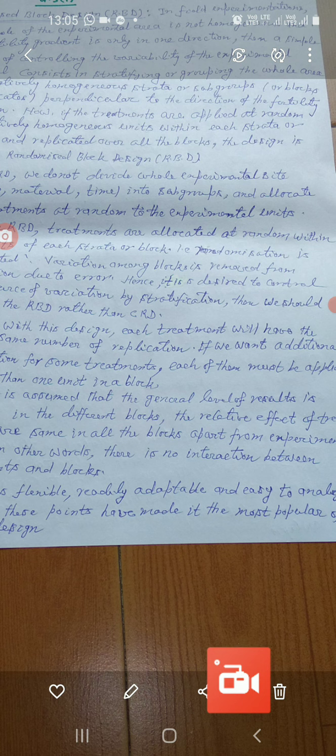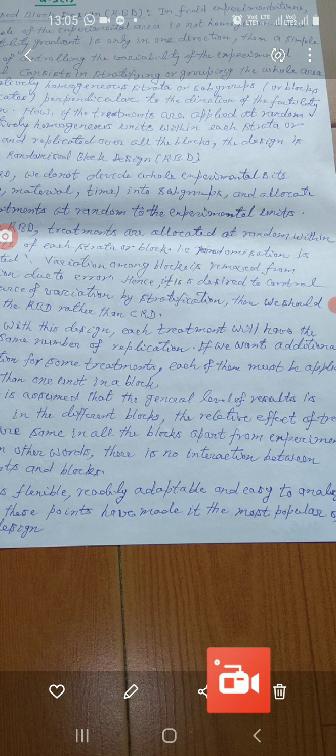But in RBD, treatments are allocated at random within the units of each strata or block. It means randomization is restricted.